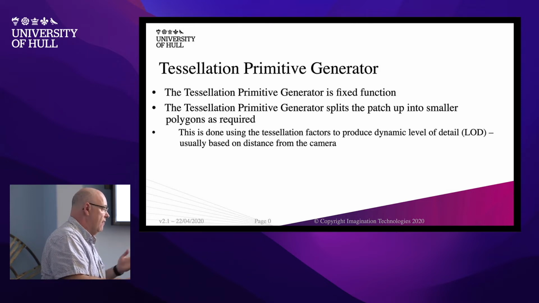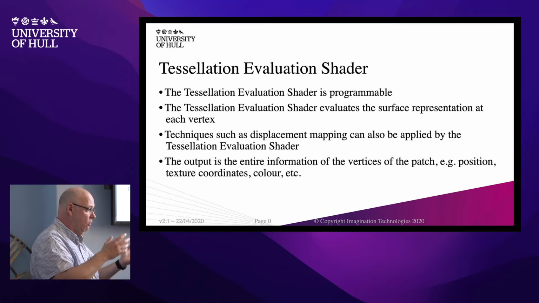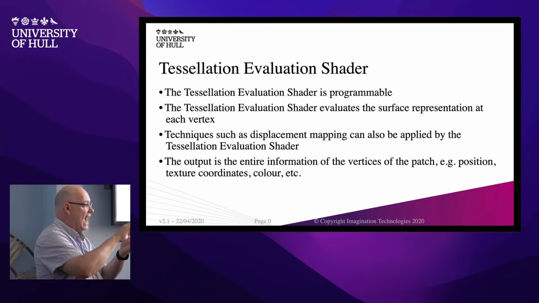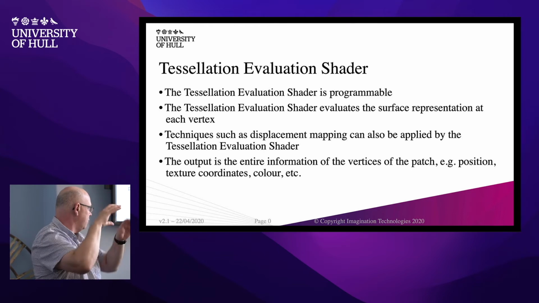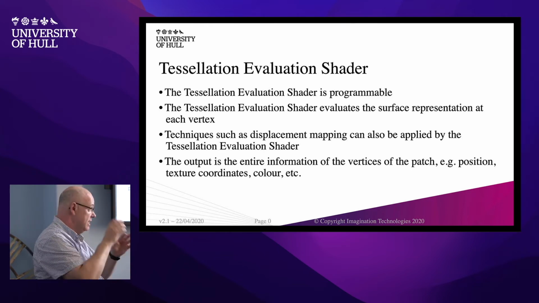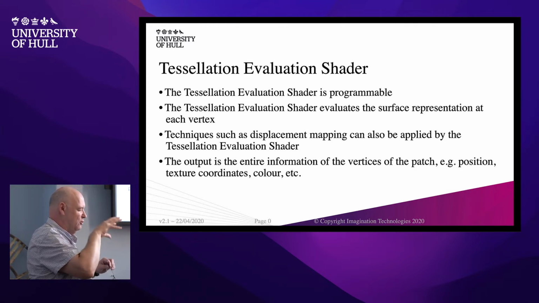Then the output of that goes into the evaluation shader that now can go, right, I've got all these new things. It also takes the output from the control shader and goes, right, I need to now displace these new vertices to the right points to recreate the detail that was there when the artist did it.